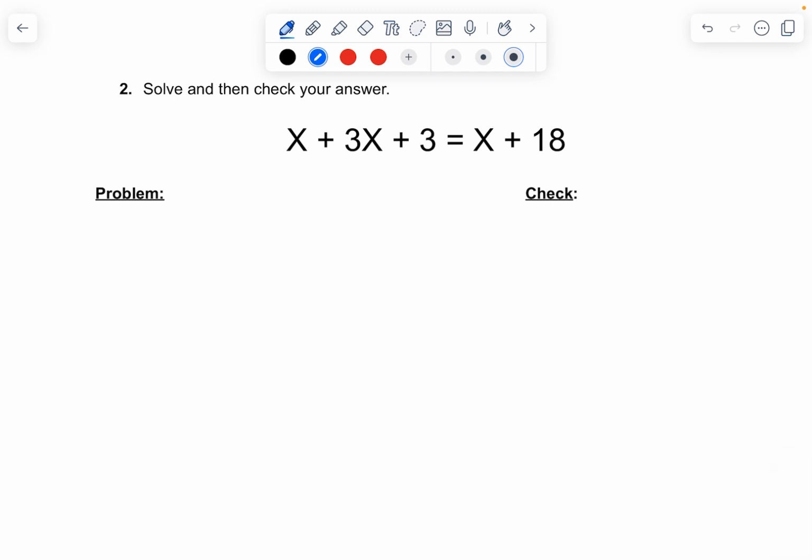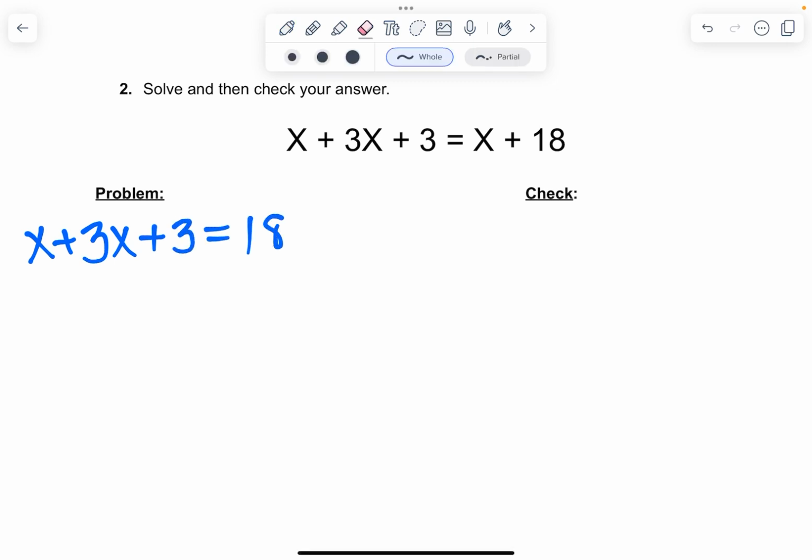Again, it's solve and check. So I'm going to write the original problem. I'm going to expand.